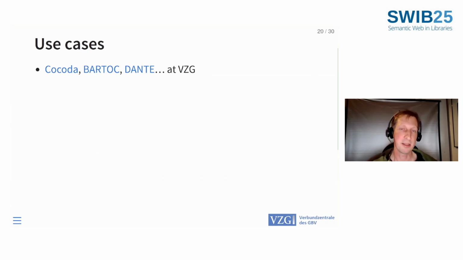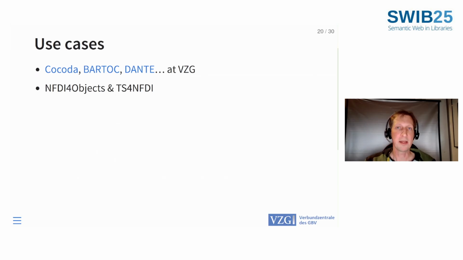DANTE is independent, so the code base of DANTE and Cocoda and BARTOC is not shared. So the standard and the format is the same, but the source code is fully different. A clear specification of the data format helped, so we did not have to agree on one programming language or one system.